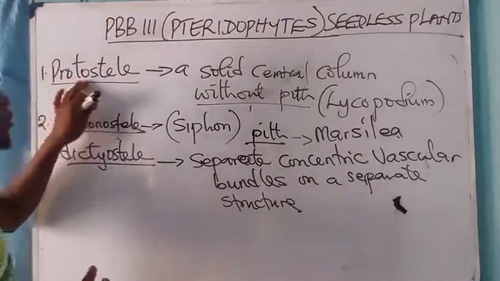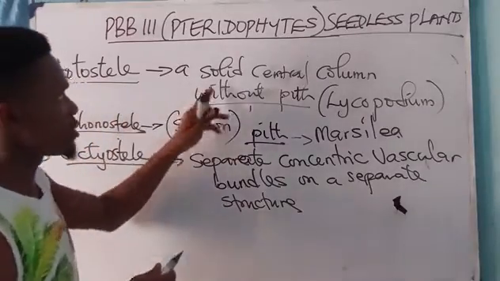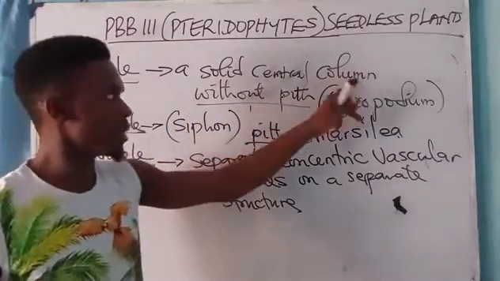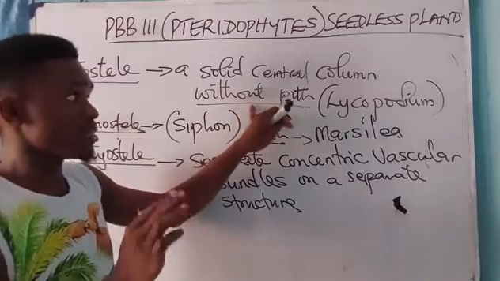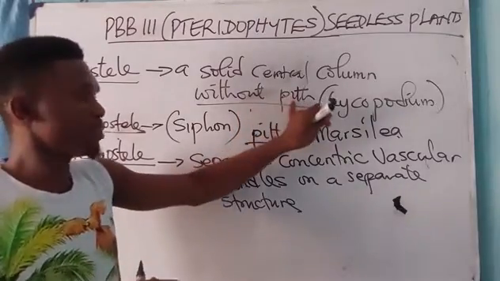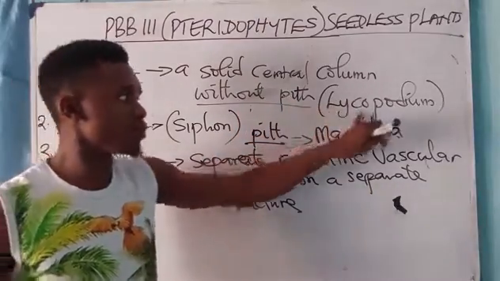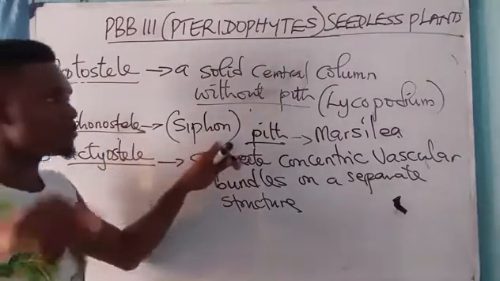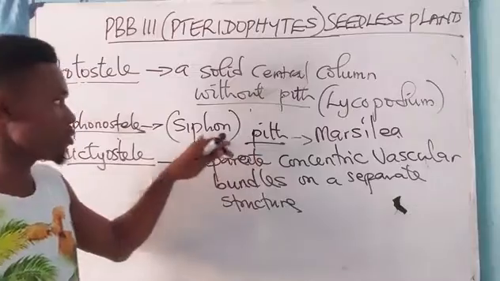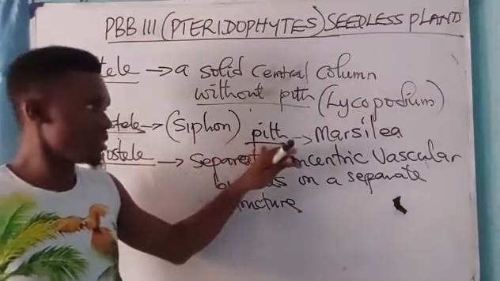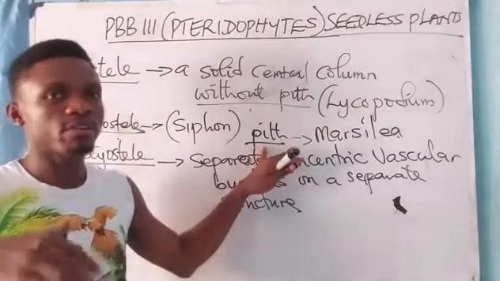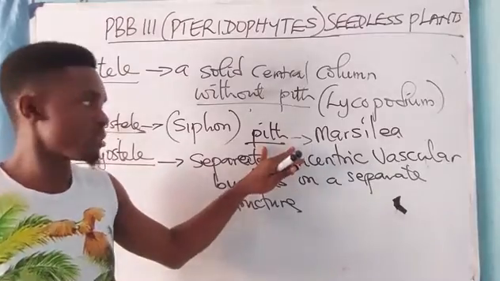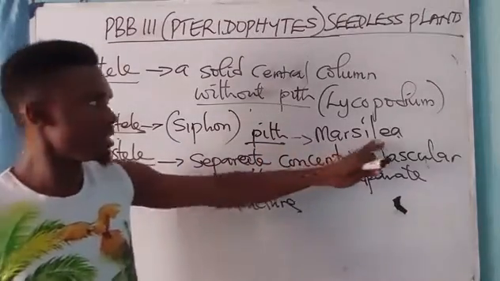The protostele is a type of stele in which there is a solid central column having no pith. A good example is Lycopodium. Then the siphonostele is a type of stele in which the xylem forms a cylinder around a hollow structure called the siphon, and the pith is present, and the phloem are found on the two sides of the xylem. A good example is Marsilea.